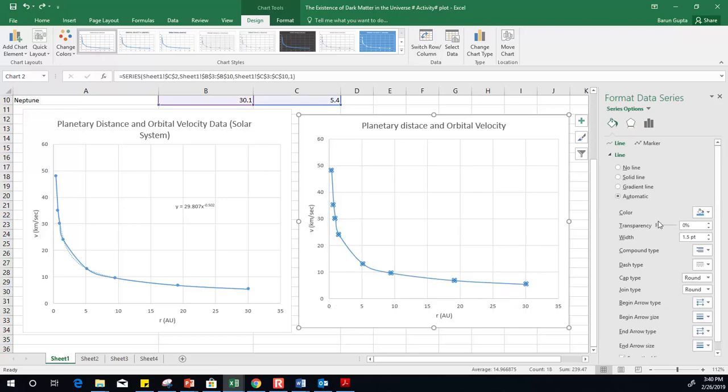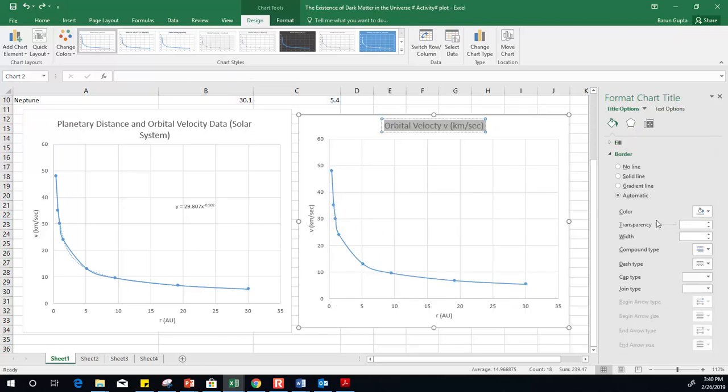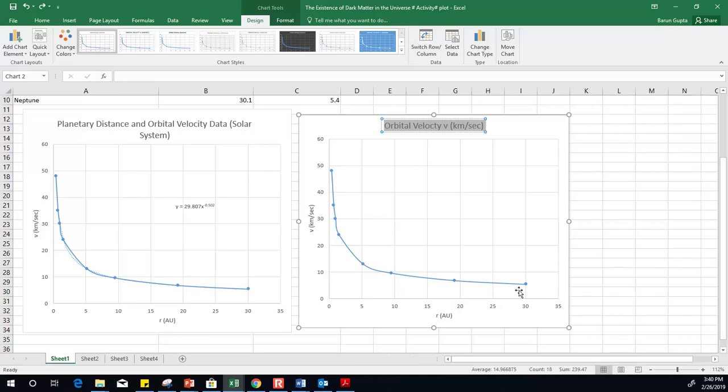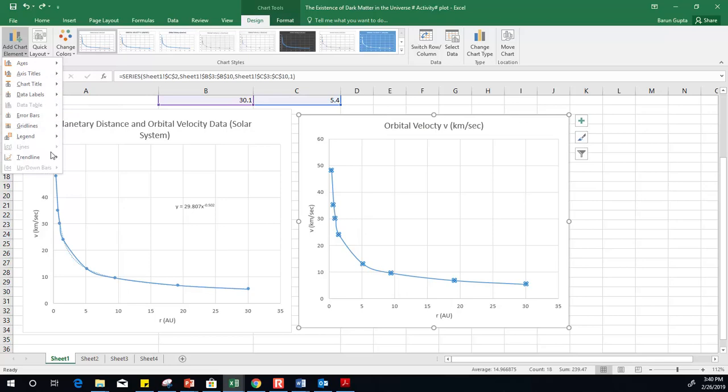Here what I'm trying to do is find a curve that fits all the data points, what you call the best fitted graph.